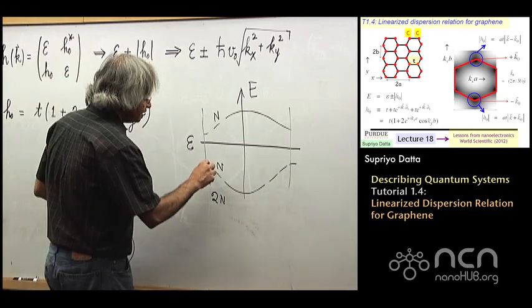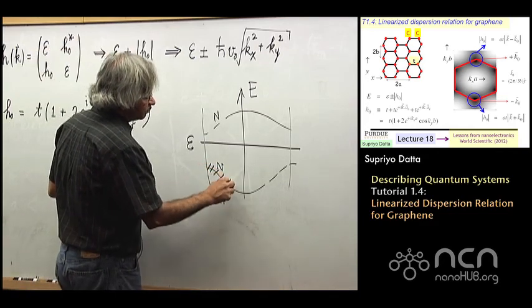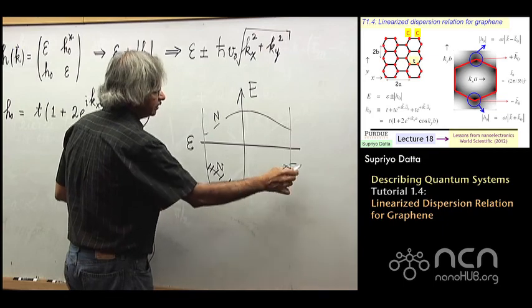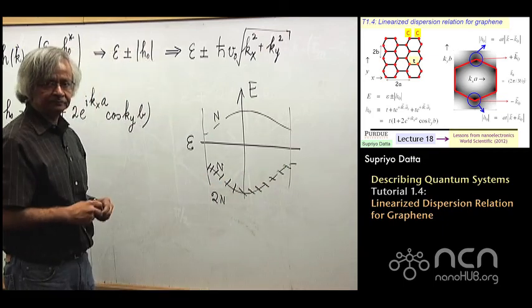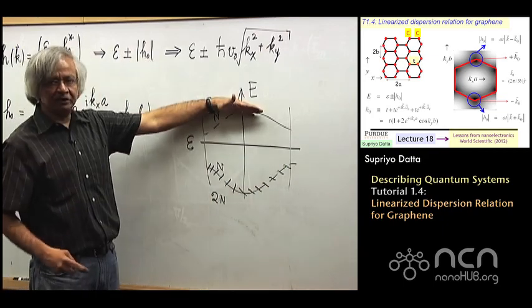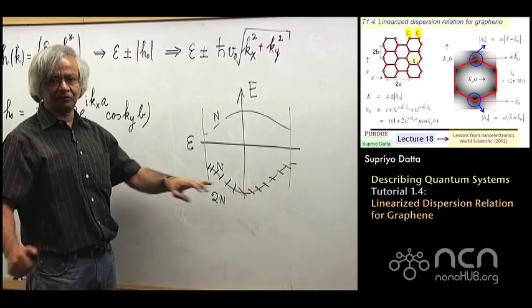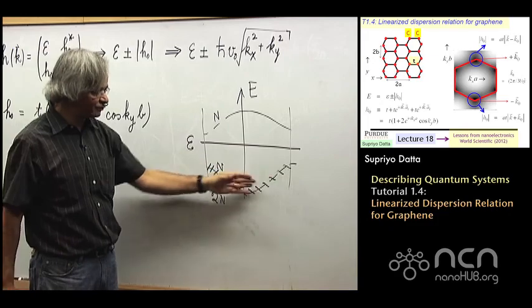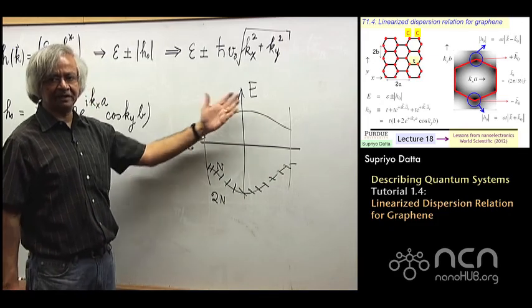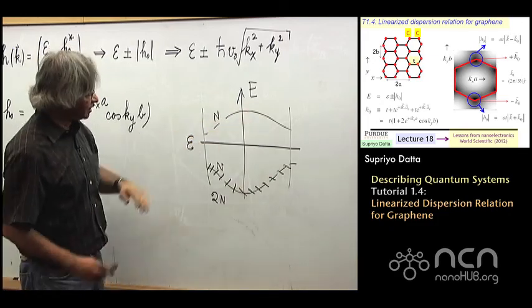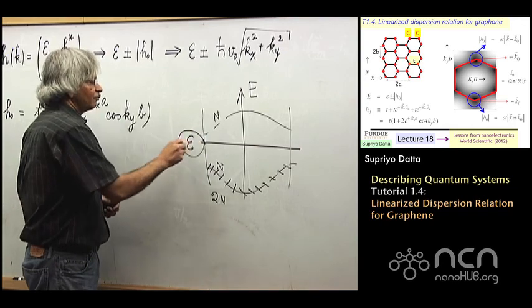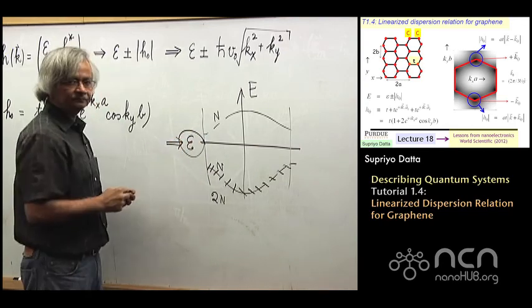So what that means is that the electrons will all be accommodated in the lower branch, and the upper branch will be completely empty. So for graphene, this will be like what you might call a valence band, the one that is full, and then there's a conduction band that's empty. And epsilon is where the Fermi energy will be.